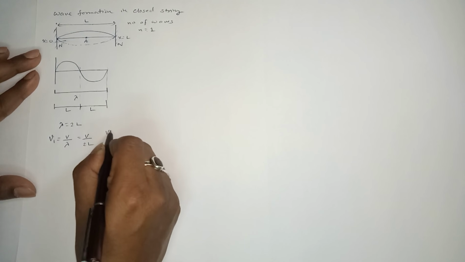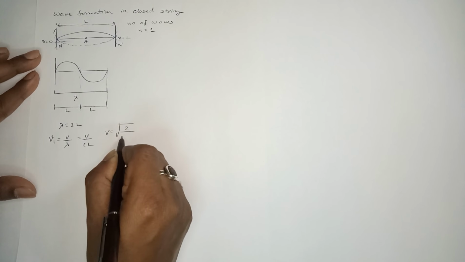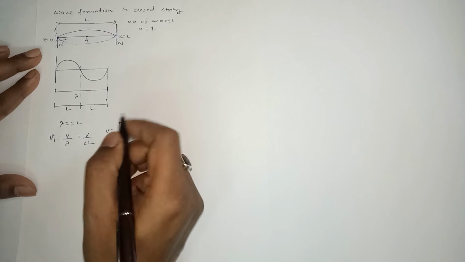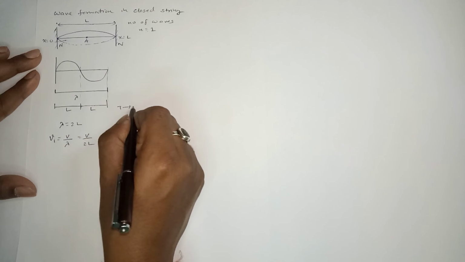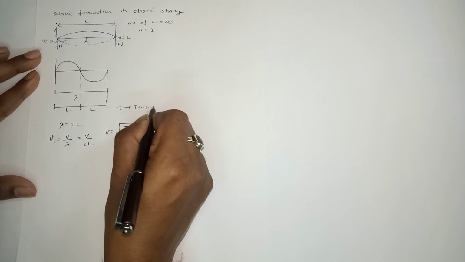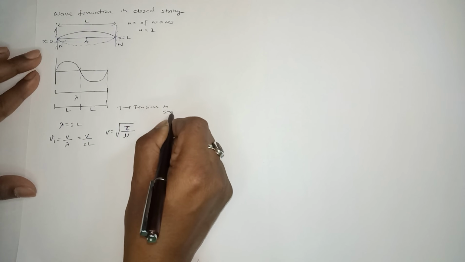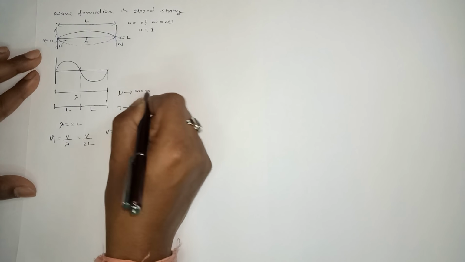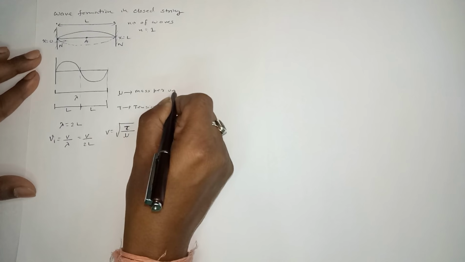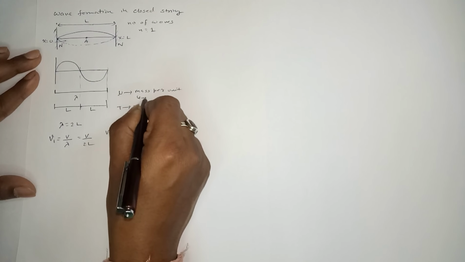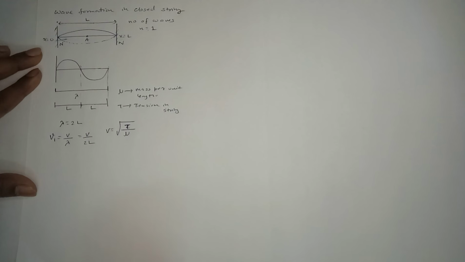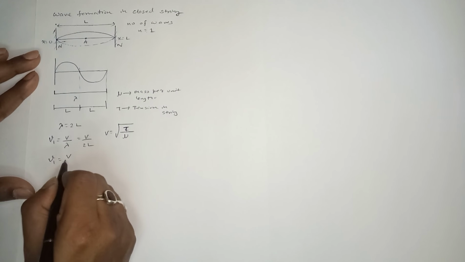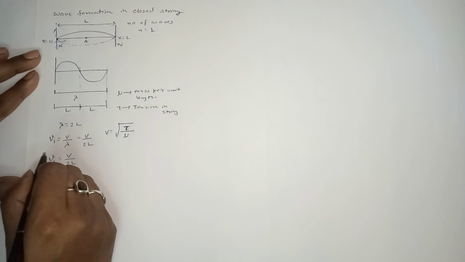V is equal to under root T upon mu, where T is the tension in the string and mu is the mass per unit length. So mu1 is equal to V upon 2L.